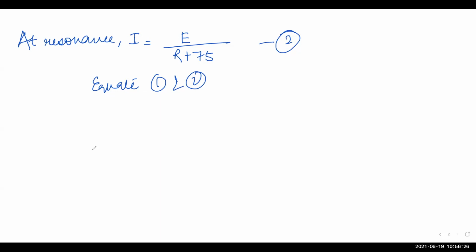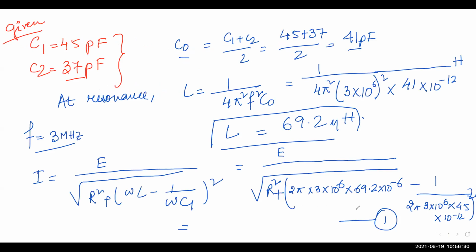E will get cut out. Now, my previous equation is this one. If you have written, then if you equate this equation with E by R plus 75, then from there, tell me what is the value of R.